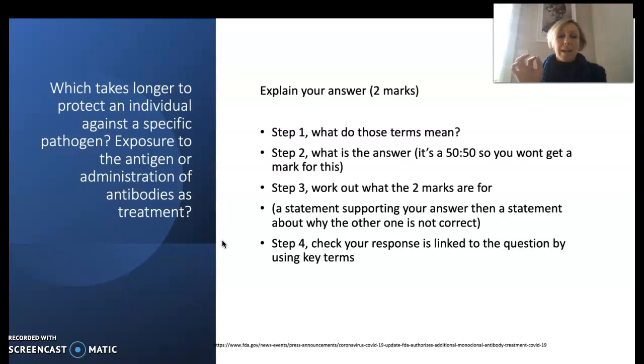So exposure to the antigen could be natural active or artificial active if it's a vaccination, whereas administration of antibodies is artificial and passive. Okay, make sure you have 2 sentences, one explaining why exposure to the antigen is slower, and one explaining why antibody treatment is not the slowest of the 2.